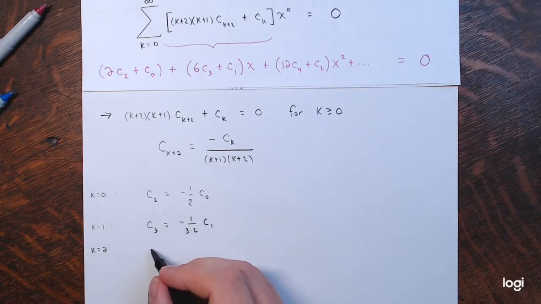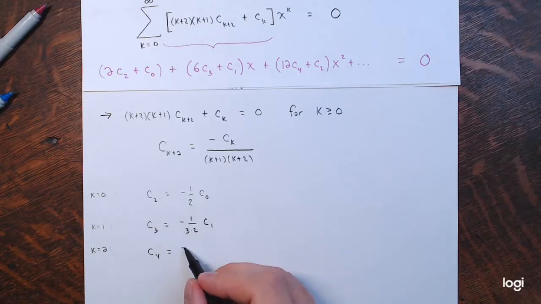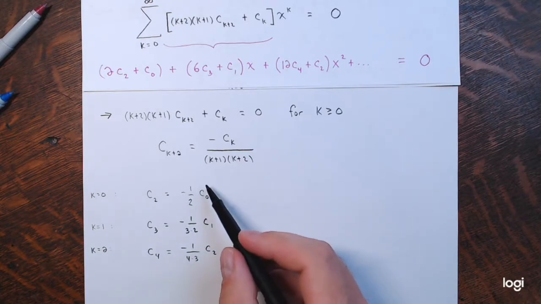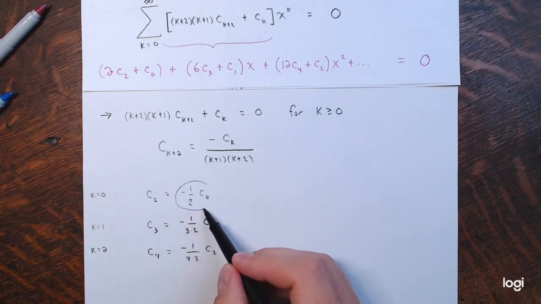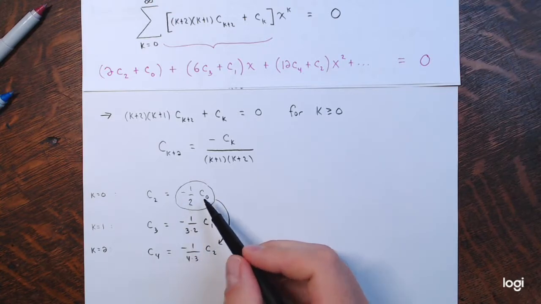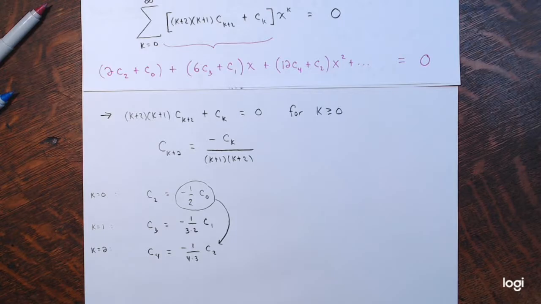When k equals 2, we get c sub 4 equals negative 1 over 4 times 3 times c sub 2. But if you recall, c sub 2 is negative 1/2 times c sub 0.